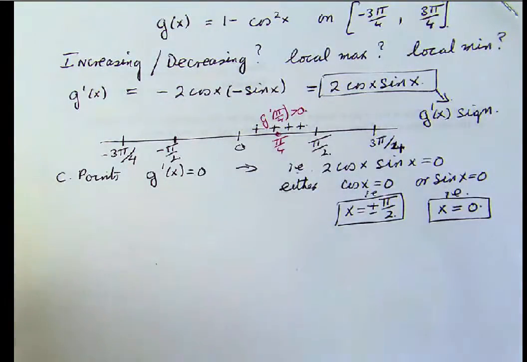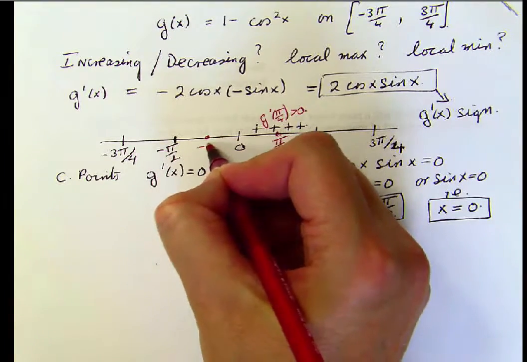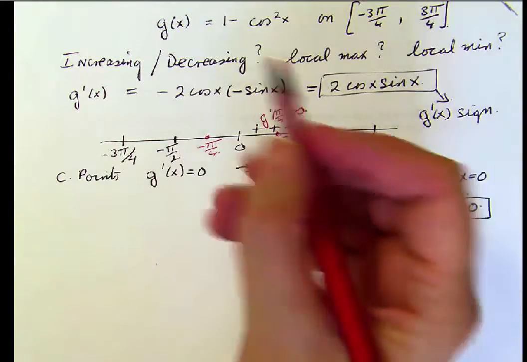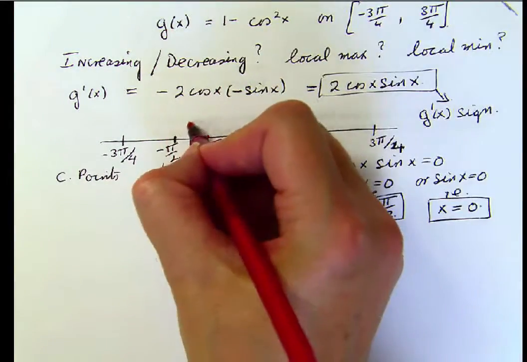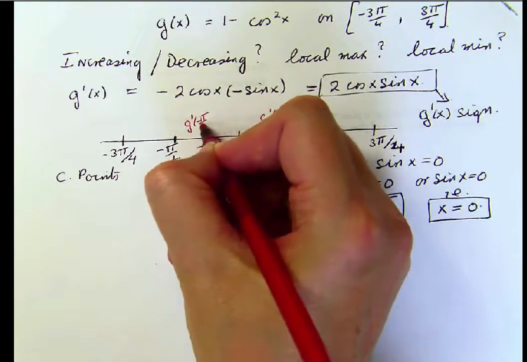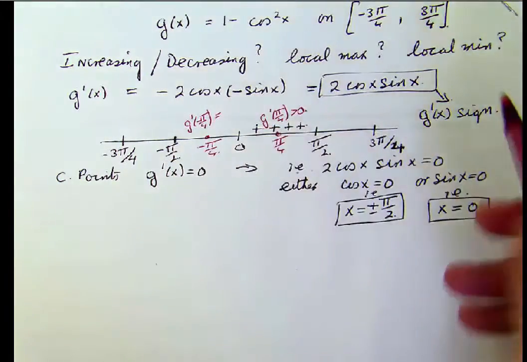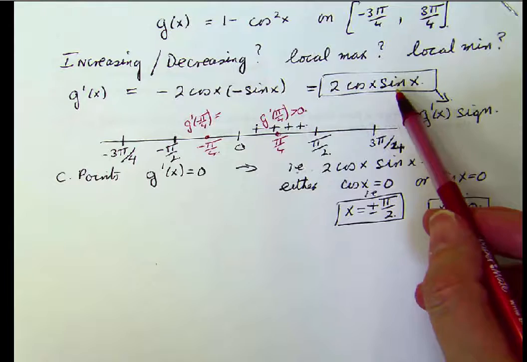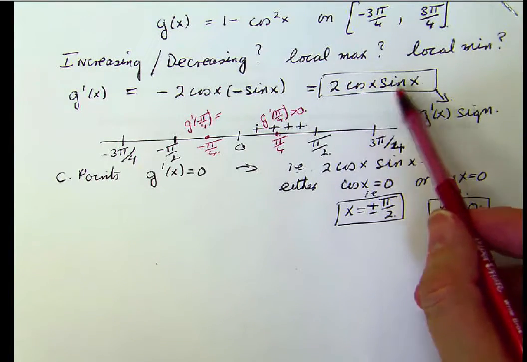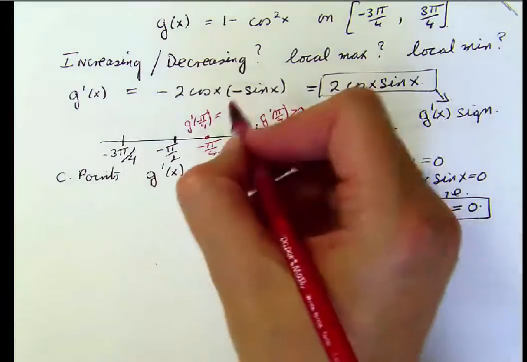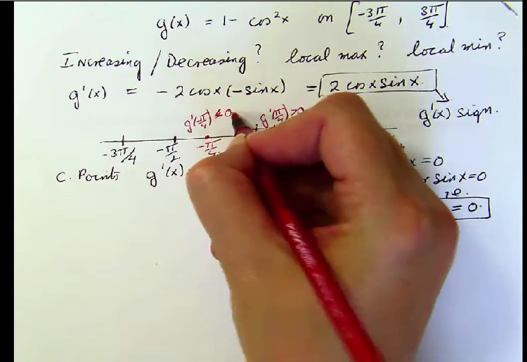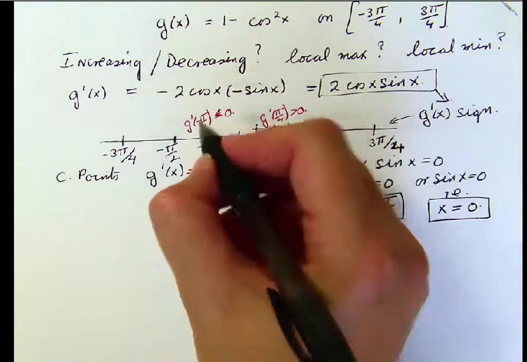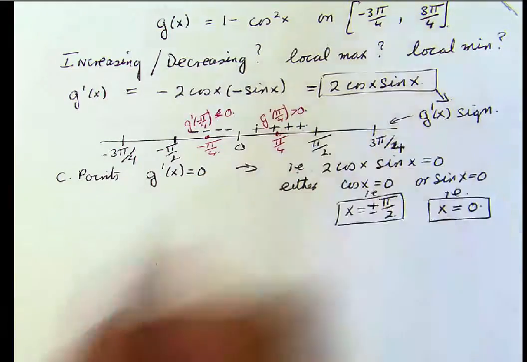And likewise, if we pick the point minus pi over 4 in this interval, then we get, once again, that g prime of x is equal to 2 times cosine minus pi over 4 times sine minus pi over 4, which is 2 times 1 over the square root of 2 times minus 1 over the square root of 2, which is less than 0. And now we know that the sign of g prime of x is negative on this subinterval.